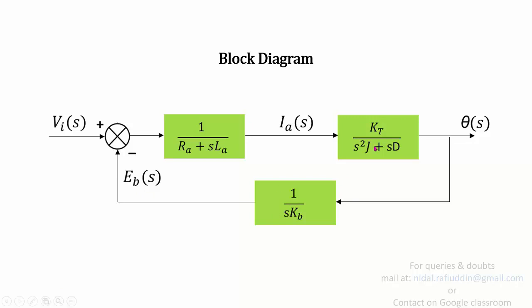So if you look at this particular block, if we assume that the motor is operating at a constant angular speed, in that case the output will be omega. So if you're going to take omega here, then you will be placing a block S over here. Let me write this for you.